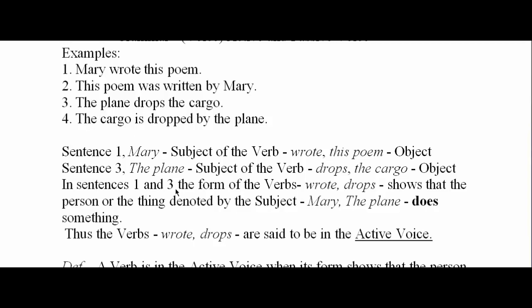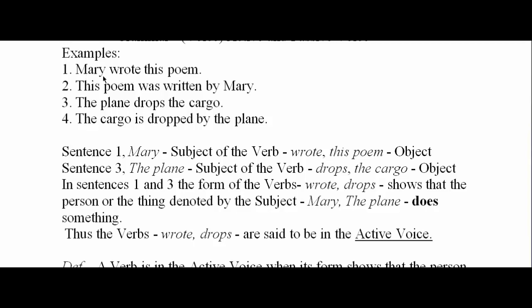In sentence 1 and 3, the form of the verbs wrote, drops shows that the person or the thing denoted by the subject, that is Mary and the plane, does something. It is given in bold here. It is highlighted because it has a special significance. What does the subject Mary do?